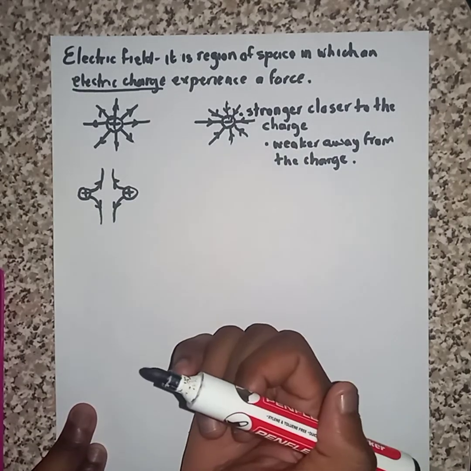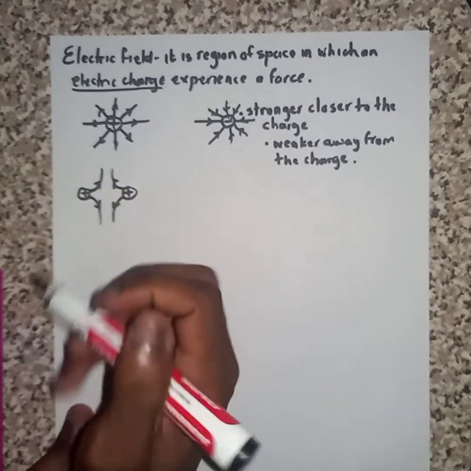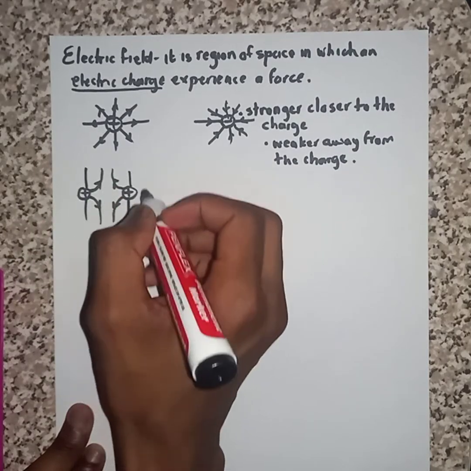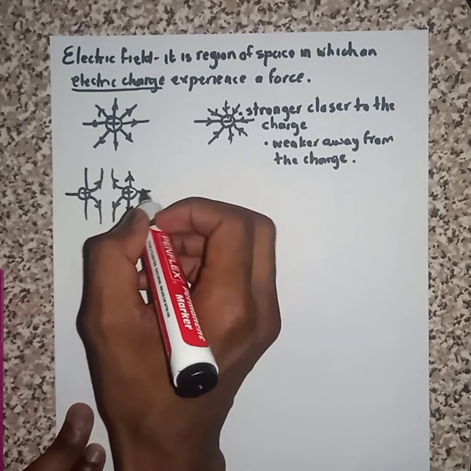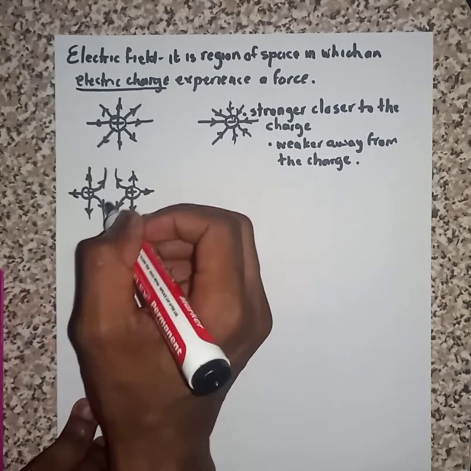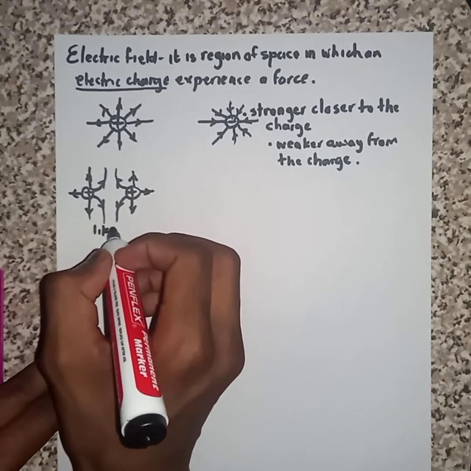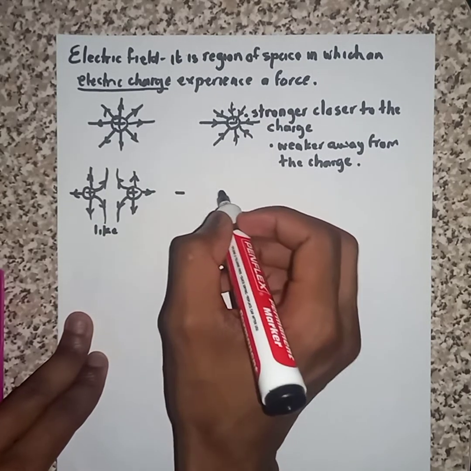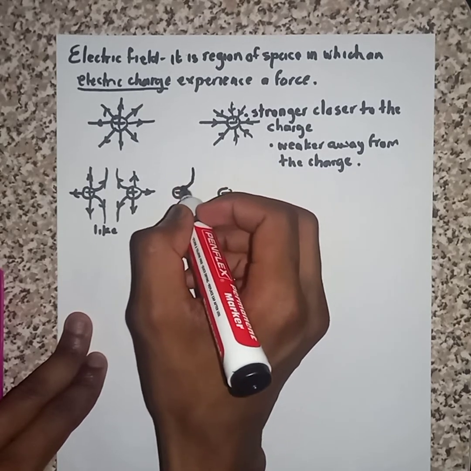And bear in mind, when drawing the electric field lines, there has to be a space for two like charges. Like this. You see? There has to be a space for like charges. Then we also have a situation whereby we have two negative charges.